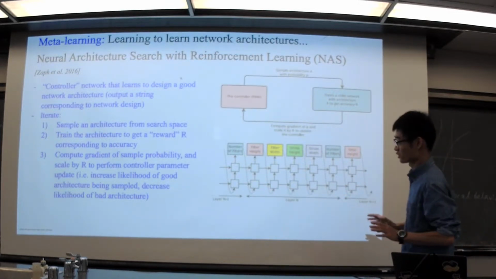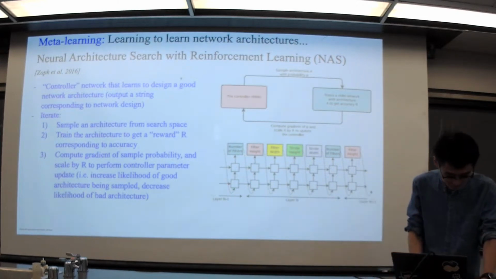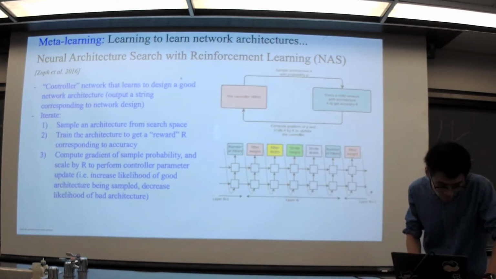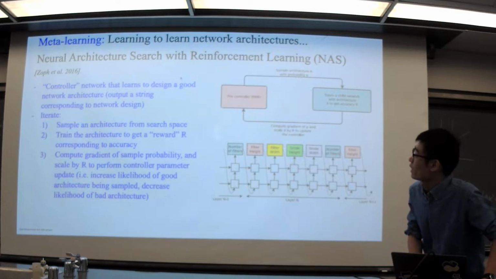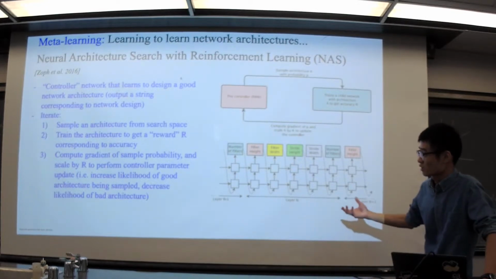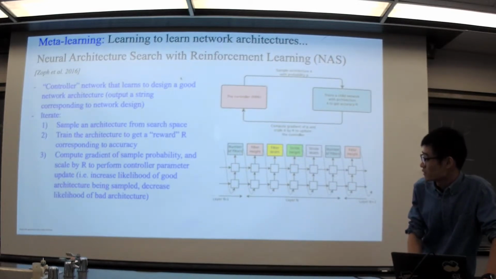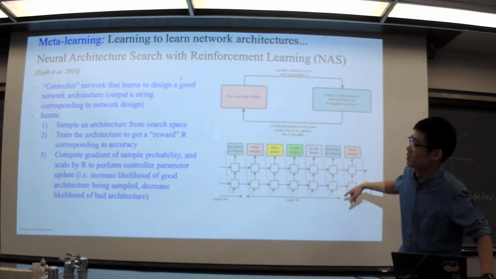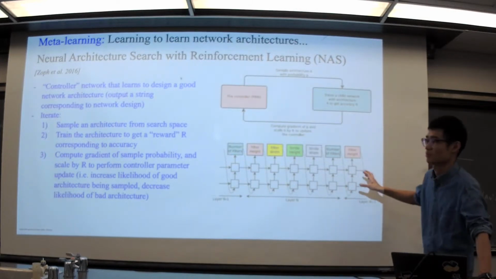But it's not always good, I have to say. Sample architecture from the search space. Train the architecture to get a reward R corresponding to accuracy, and compute gradients of sample probabilities. Actually, this meta-learning is a different topic in deep learning.